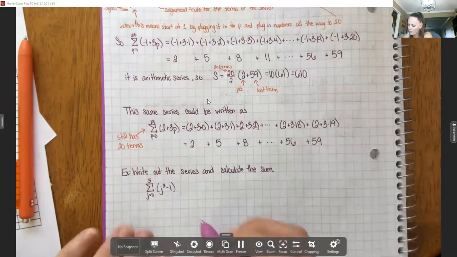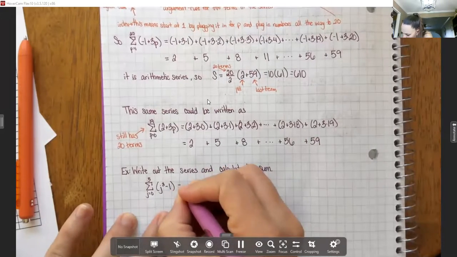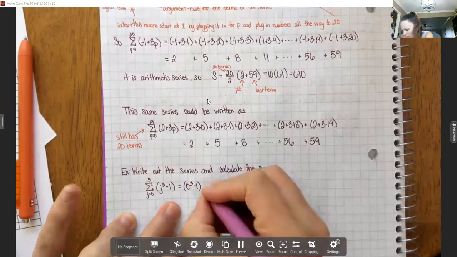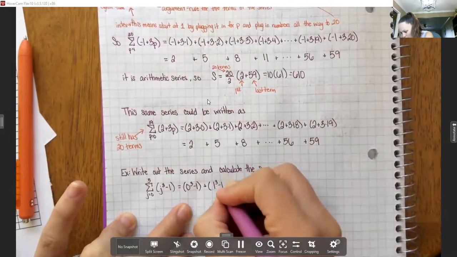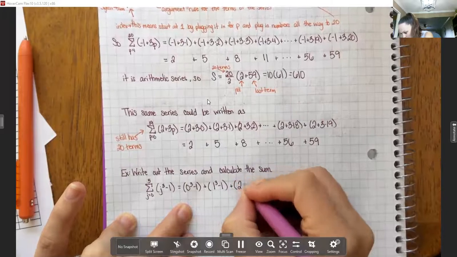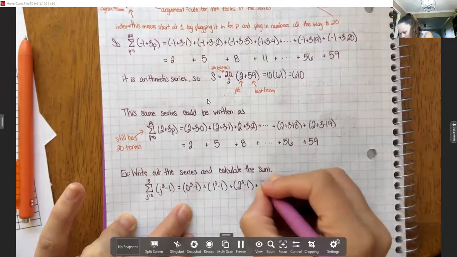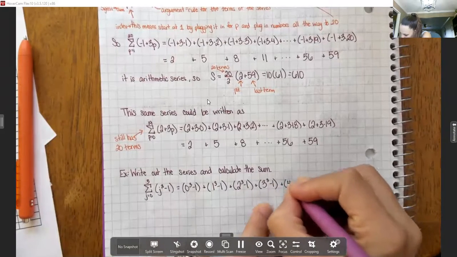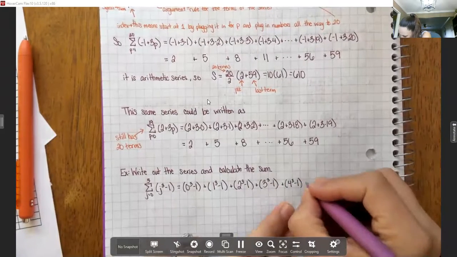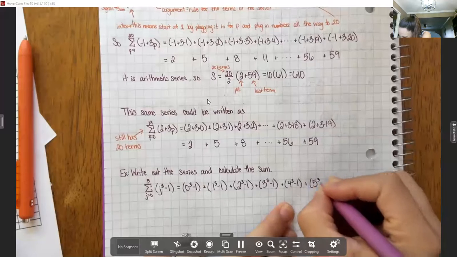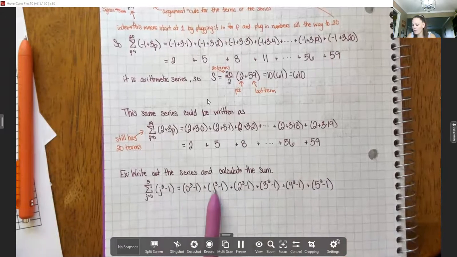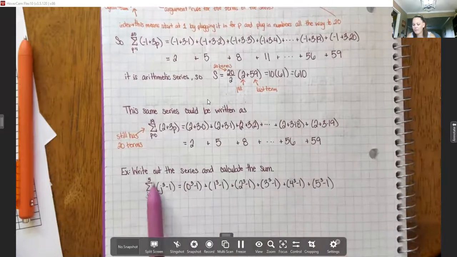So again, this means basically we're going to just plug in 0, cube it, subtract 1. 1 cubed minus 1, 2 cubed minus 1, 3 cubed minus 1, 4 cubed minus 1, and 5 cubed minus 1. So again, the same thing, but I plug in 0, 1, 2, 3, 4, and I stop at 5.